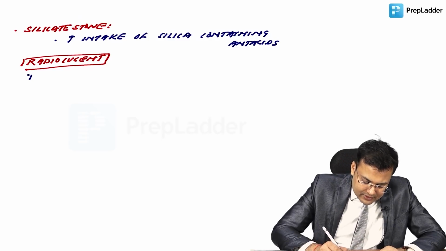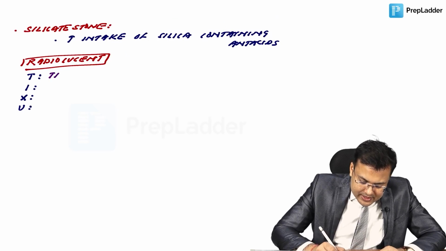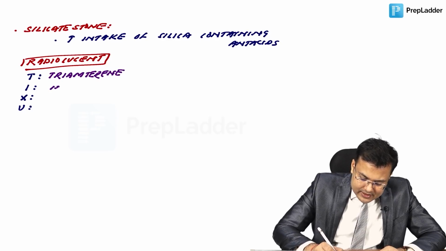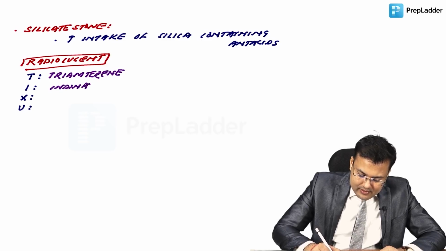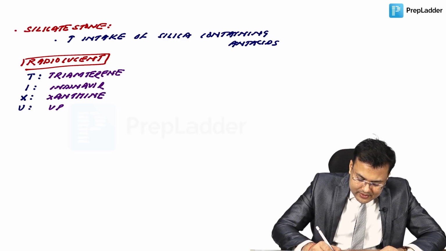So what is the full form? Clear? T means triamterene. I means indinavir, which we discussed here. X means xanthine. And U means uric acid.